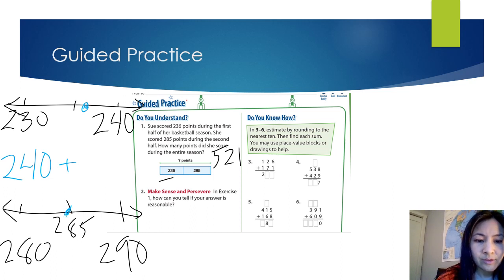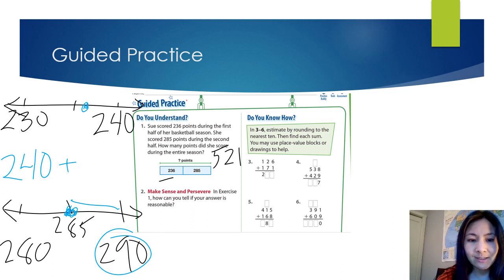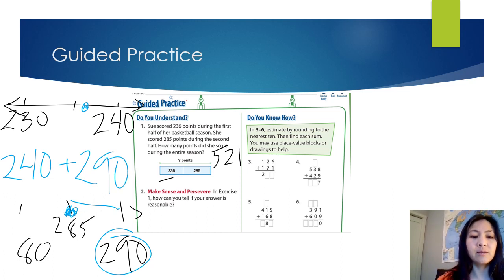Right there. So remember the rule is if it's halfway or greater, then you round up. So 285 rounded to the nearest 10 is 290. Okay, let me erase my handy dandy number lines.